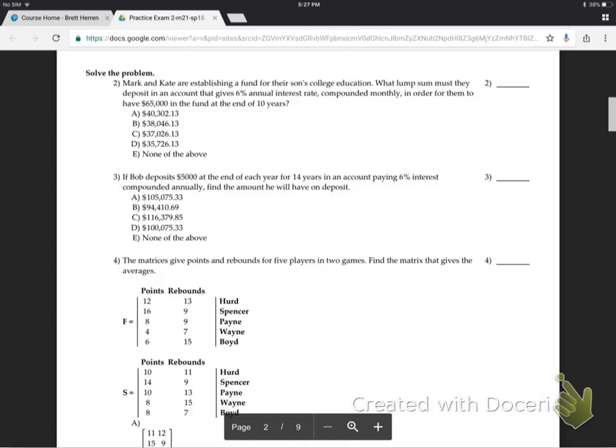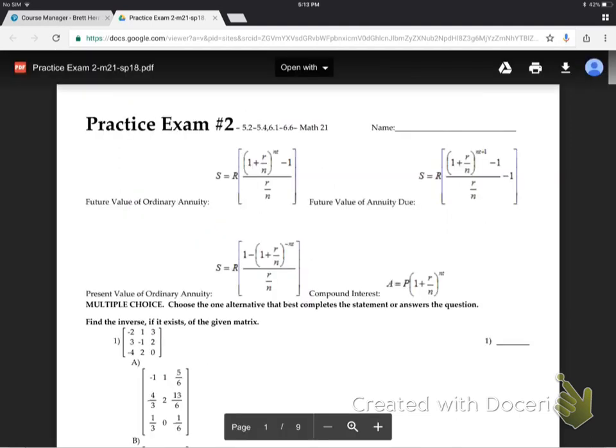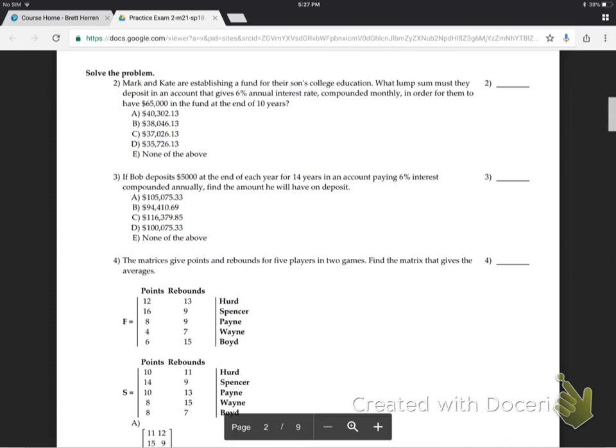Okay, question number 2. Mark and Kate are establishing a fund for their son's college education. What lump sum must they deposit? The key in these questions to figuring out which of those 4 formulas we should use is, first, to ask yourself: is it one trip to the bank?